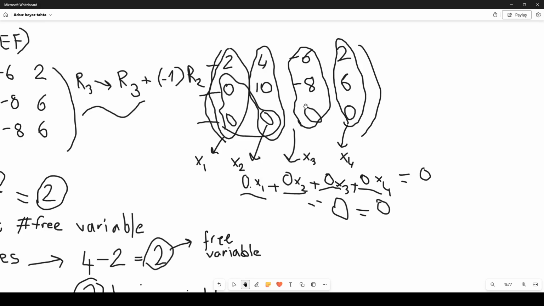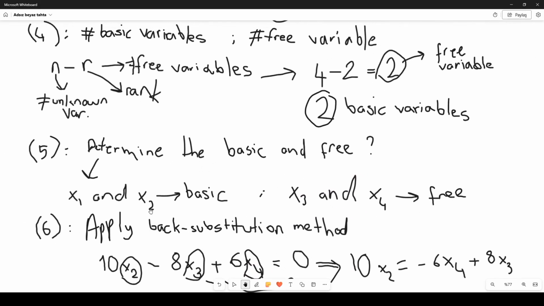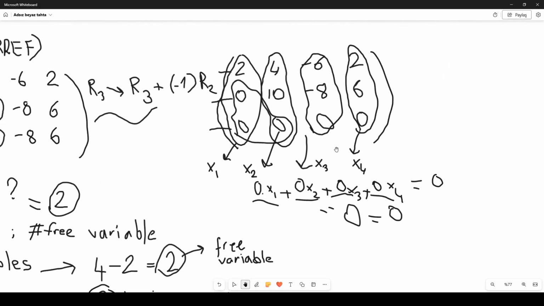In other words, I write the basic variable x2 in terms of the free variables x3 and x4. But how about x1? x1 is also a basic variable, so I need to express x1 as an algebraic sum of the free variables x3 and x4. And how can I do that?